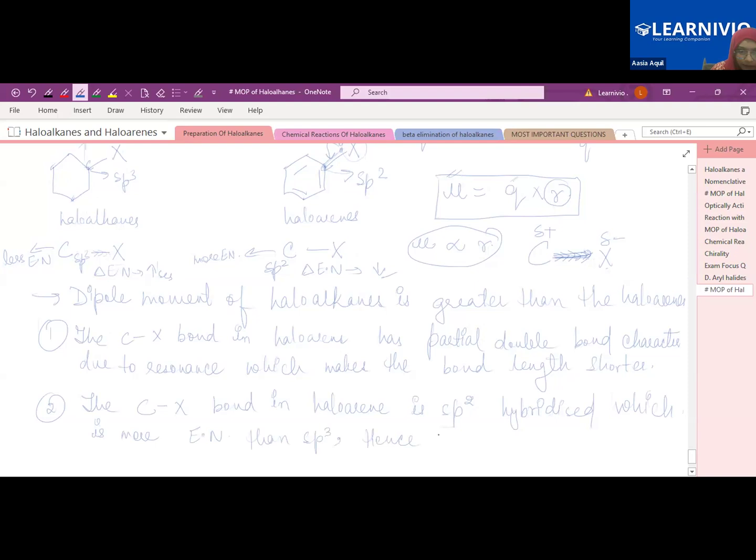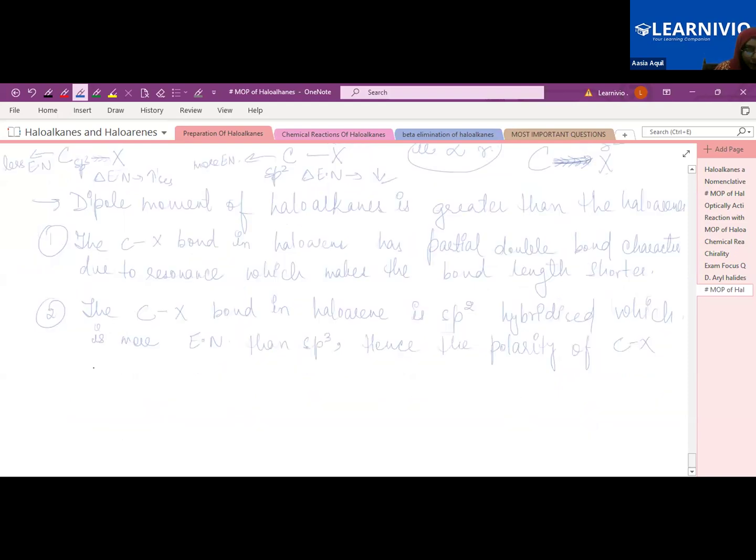Hence the polarity of the C-X bond in haloarene is lower. And if the polarity is lower, it means the dipole moment is also lower, as compared to the haloalkane.